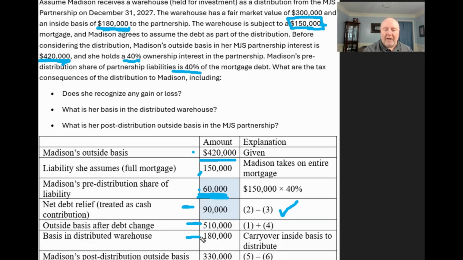So we're going to take 180, okay, and then we subtract them. And now our remaining outside basis is going to be $330,000.